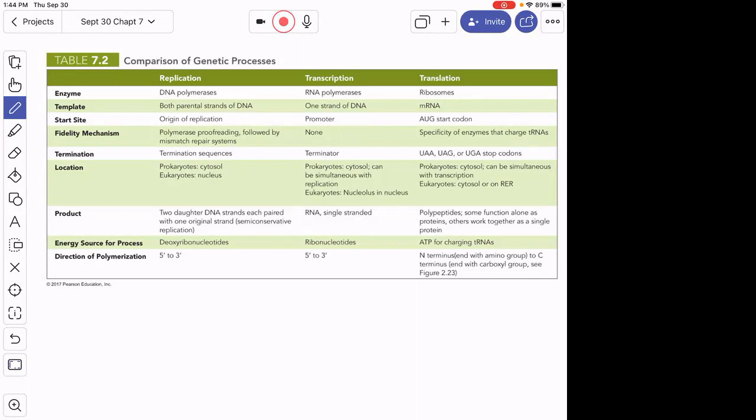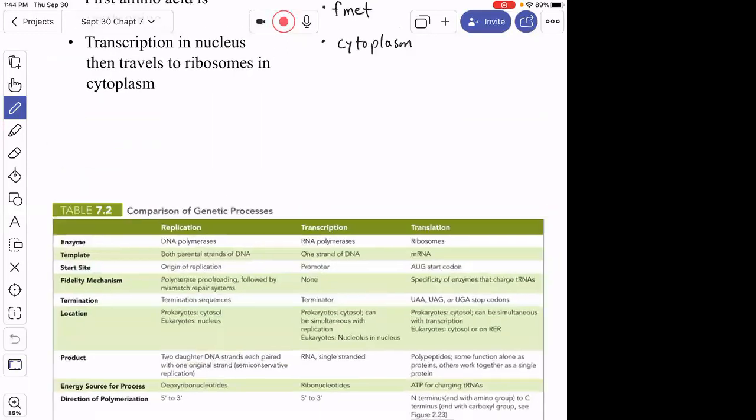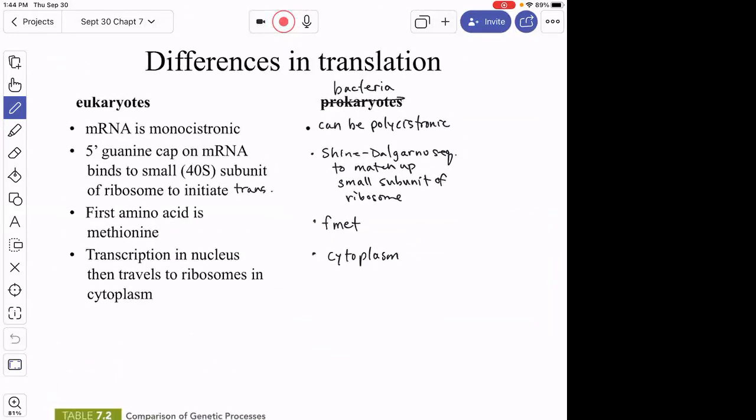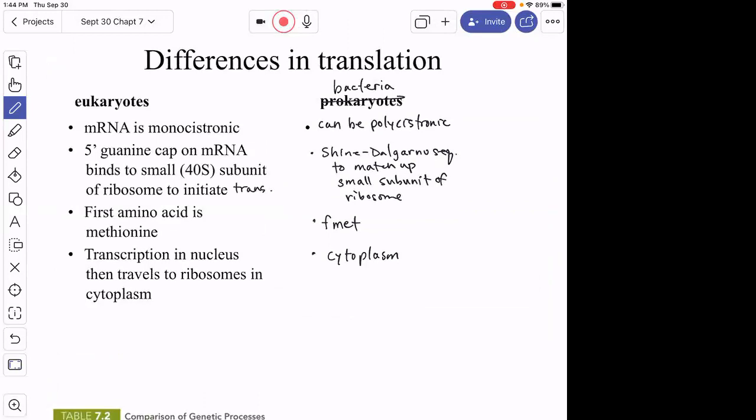Oh, yep, I didn't finish writing in the last one. Again, I could finish my thought here. In the cytoplasm, transcription and translation take place in the cytoplasm. That's what I meant to say there.